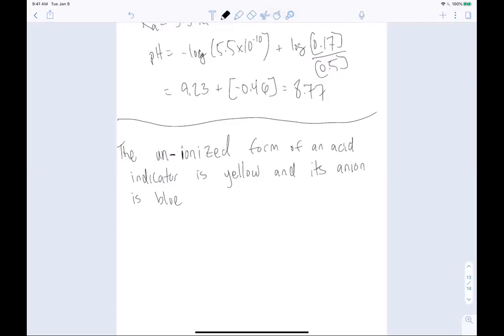Those are all indicators. So they're dyes that change color in response to pH. This is saying the unionized form of an acid indicator is yellow and its anion is blue. The Ka of this indicator is 10 to the minus 5.